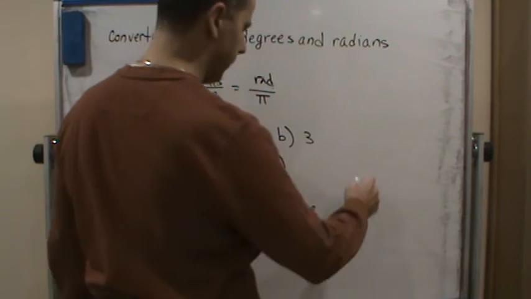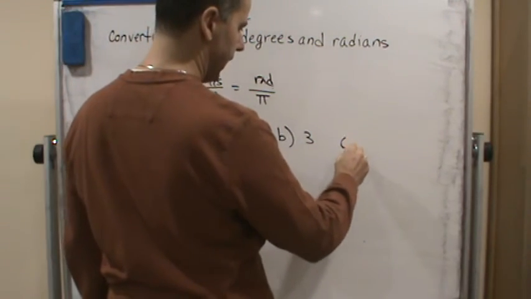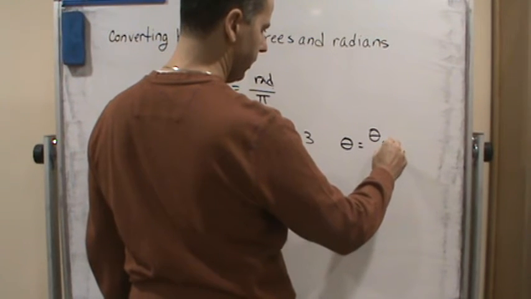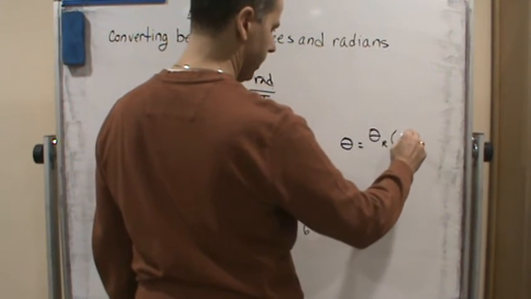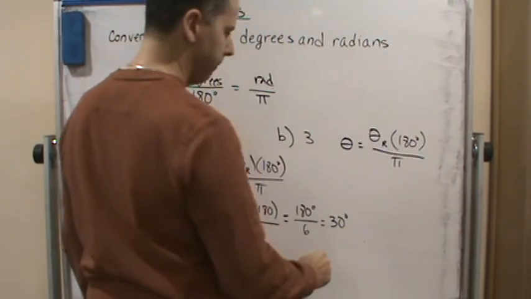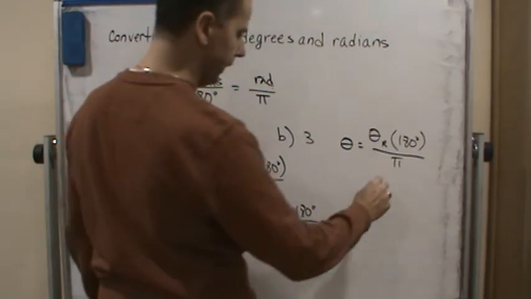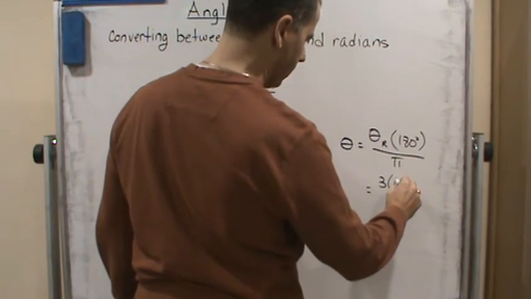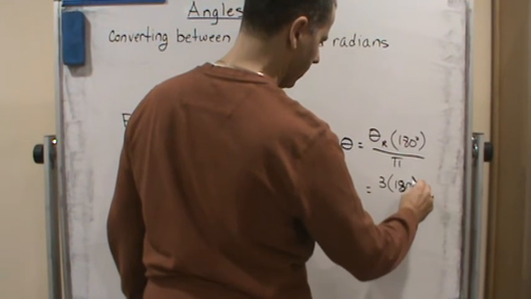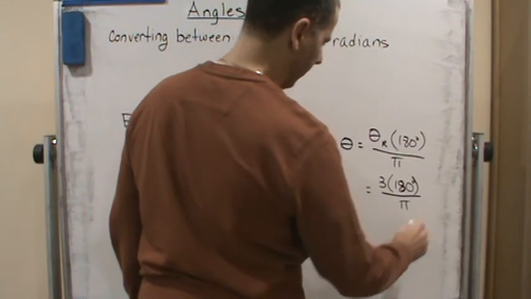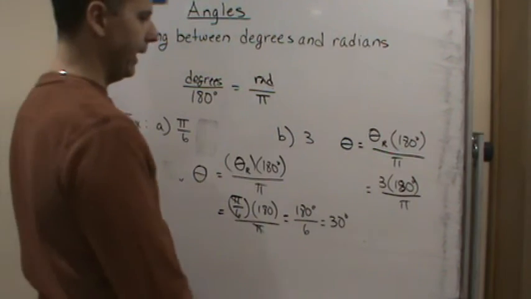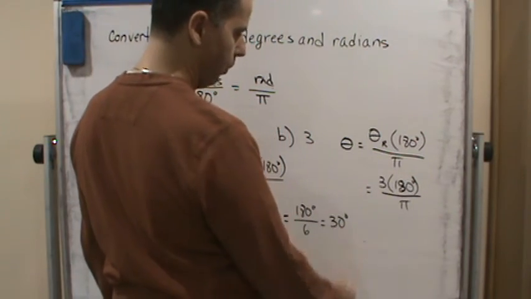Similarly, if I use 3 radians, I get theta equals theta sub r times 180 degrees divided by pi. Now I just plug in 3, so it's going to be 3 times 180 degrees over pi.